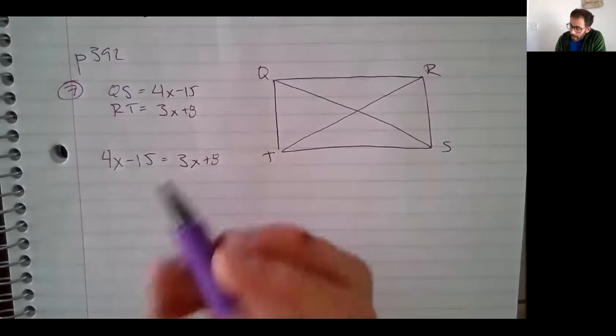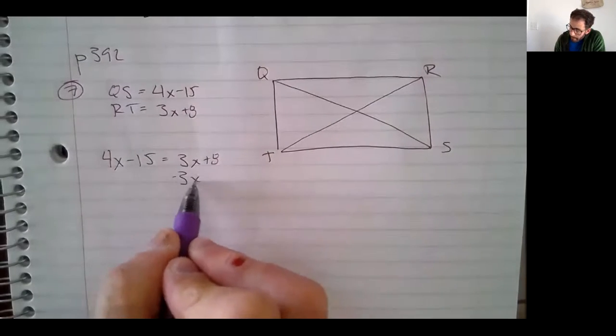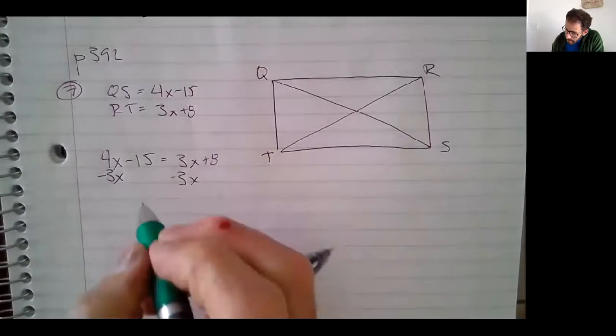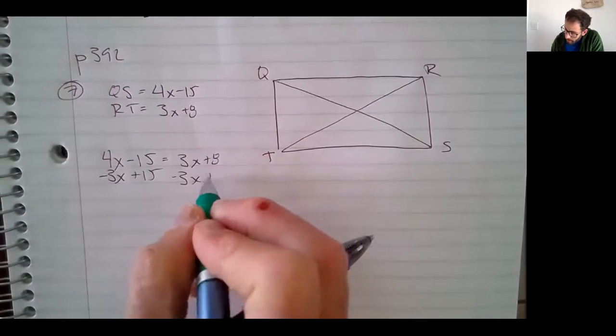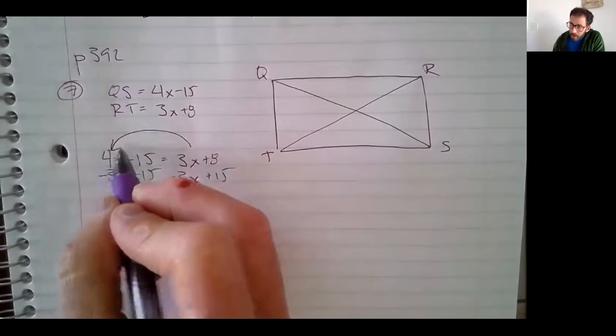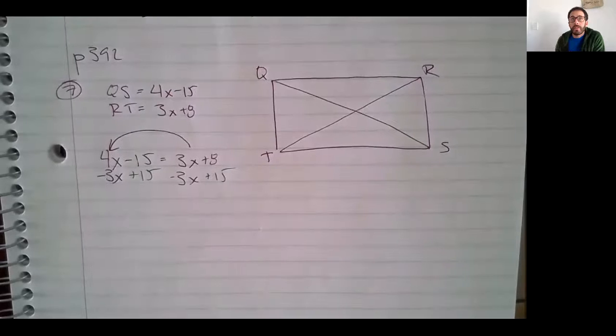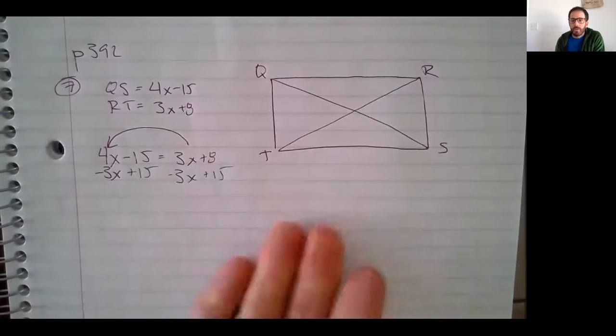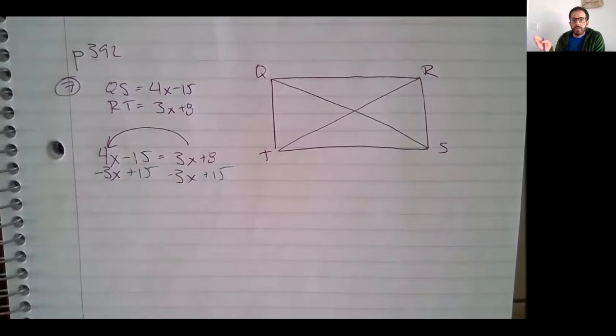So let's move all the x's to one side. Let's move all the constants to the other side. So notice, again, this is for those of us that are still not confident in our Algebra 1 skills. The idea is to move like terms to one side and everything else to the other side.